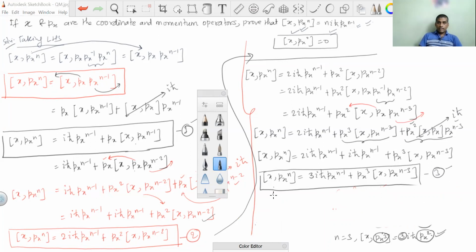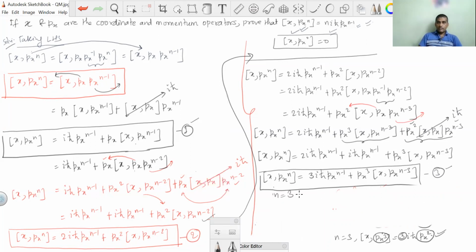Now let us take n equals 3 in equation 3. So we can write the commutator of x, px power 3 equals 3 I h bar px power 3 minus 1, which gives us 2, plus px power 3 times the commutator of x, px power 3 minus 3.